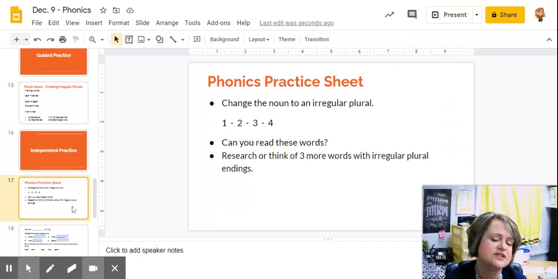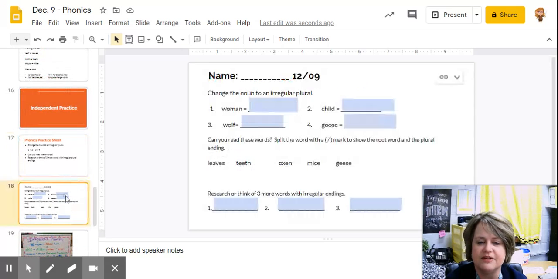Your independent practice looks like this today. You're going to change your noun to an irregular plural, 1, 2, 3, and 4. In the middle, all you have to do is read those words to somebody. See if you can read them, and then research or think of 3 more words that change to irregular plurals or irregular endings. So today for your lesson, you're going to change woman, wolf, child, and goose.